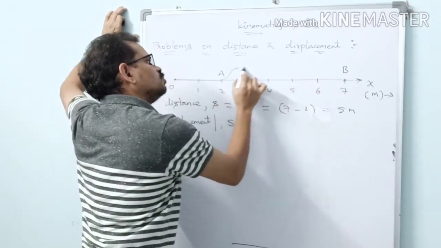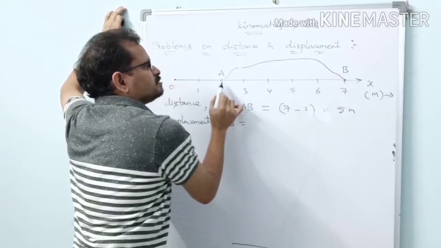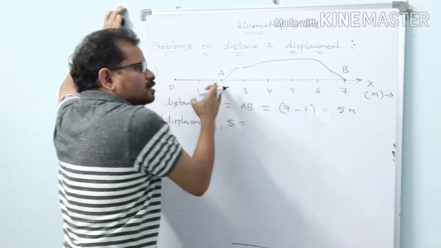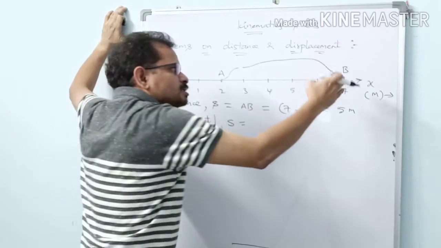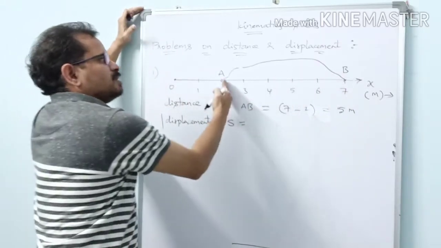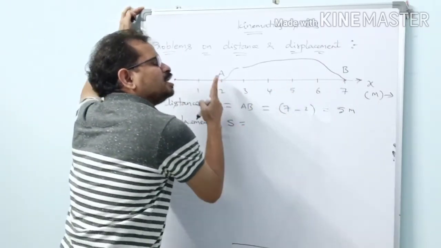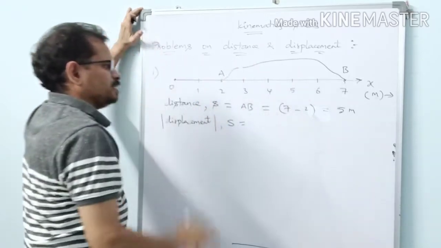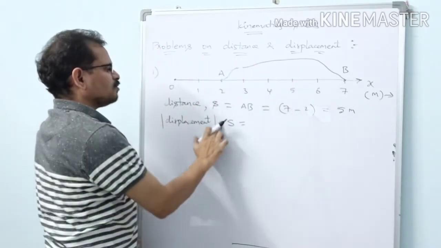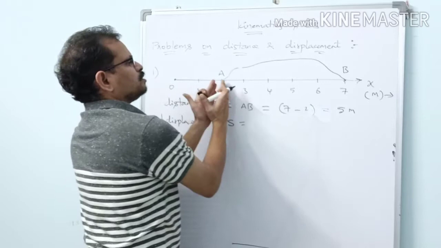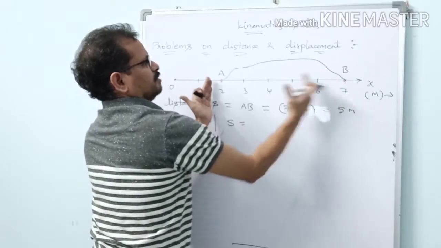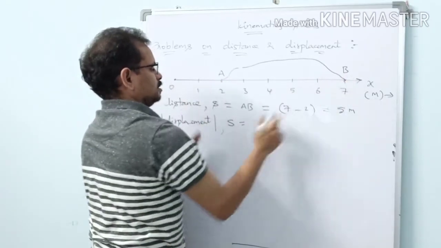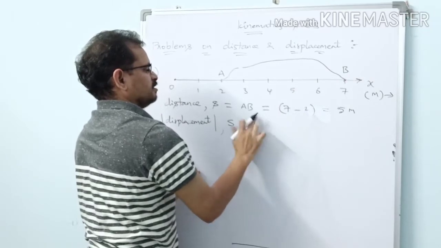Suppose a particle moves like this also, displacement means this line only. If a particle moves like this and reaches point B, then also displacement is the straight line joining the initial point and the final point. So what is the magnitude of this displacement from A to B? Same. This is also AB only.